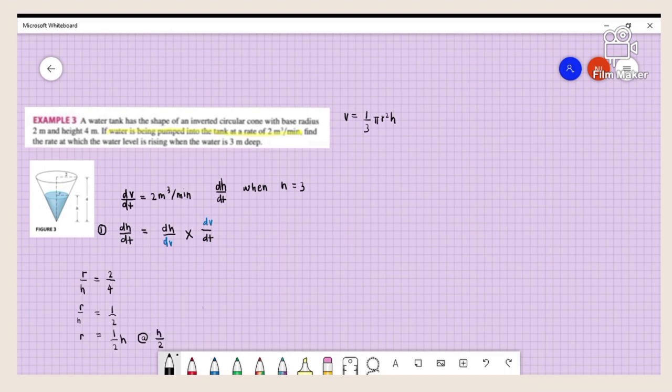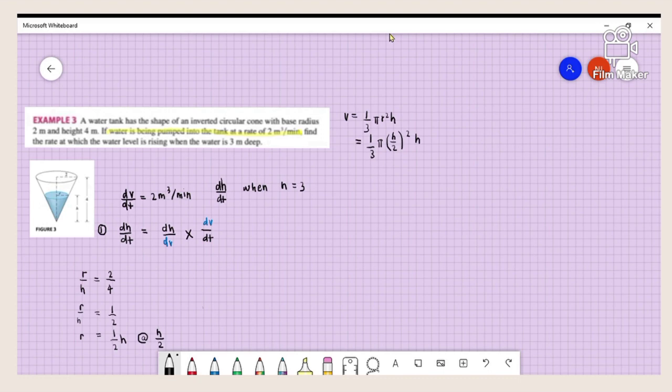So we already have the value of r, so we are going to substitute it into V. So V is equal to 1 over 3 pi times h over 2 squared times h.